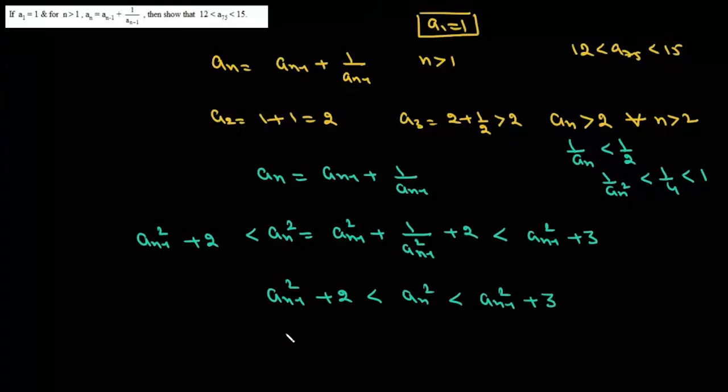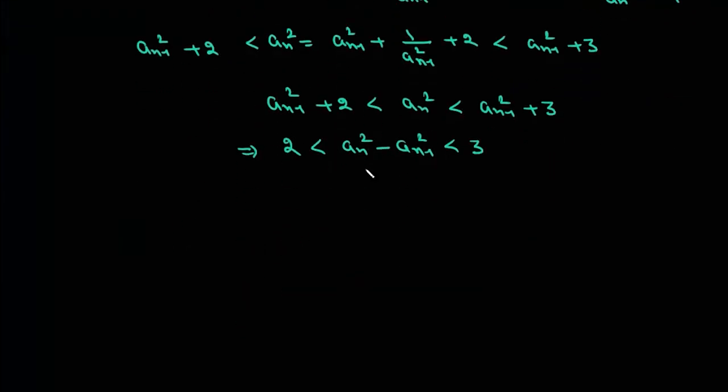Now we can also write this as 2 is less than an square minus an minus 1 square, and will be less than 3. So we have this relationship that difference of squares of any two successive terms of the sequence will lie between 2 and 3.